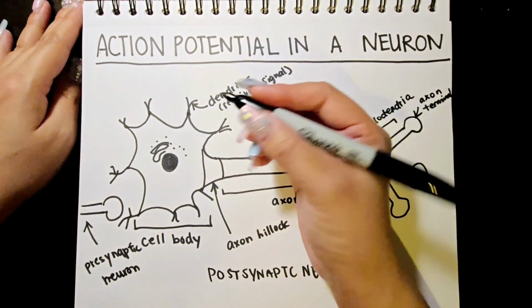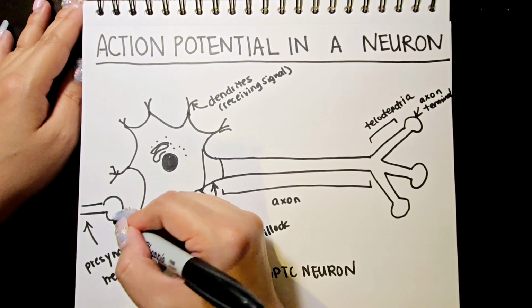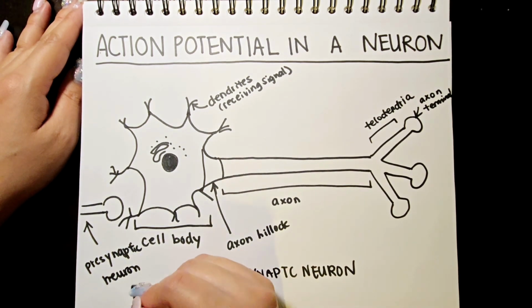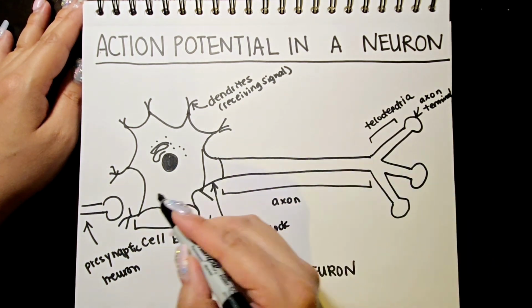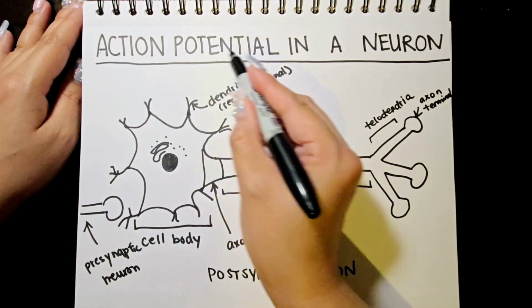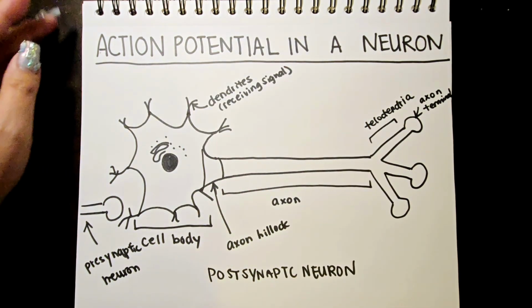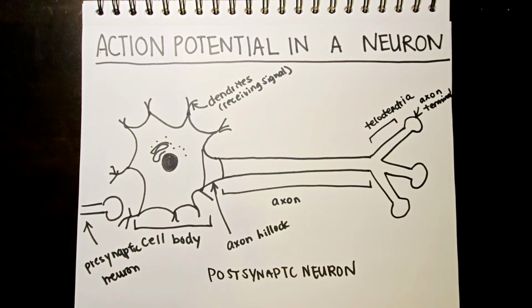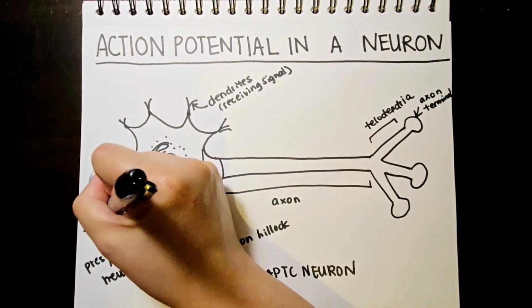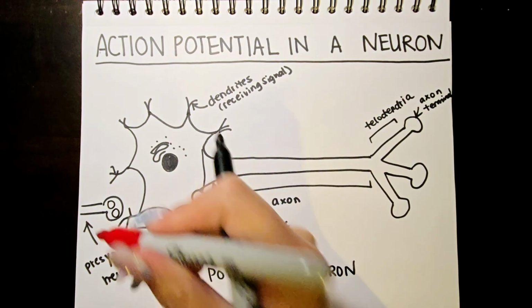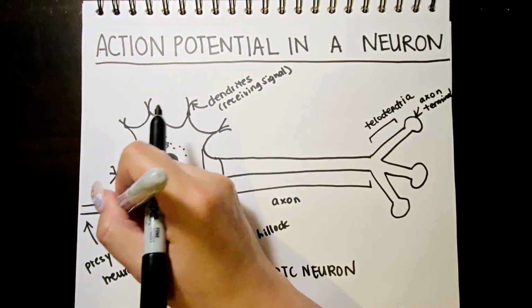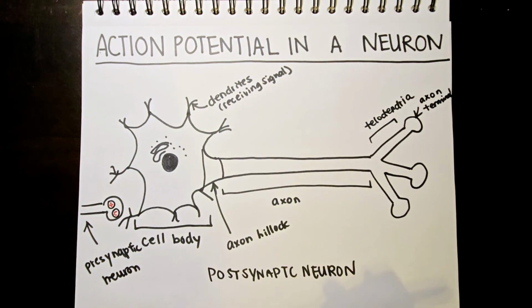So now we have this particular axon terminal coming in from the presynaptic neuron that's going to stimulate the postsynaptic neuron to generate an action potential. How it does that is, remember, we will talk about this later too, that there are synaptic vesicles within axon terminals. And within synaptic vesicles, you have neurotransmitters.